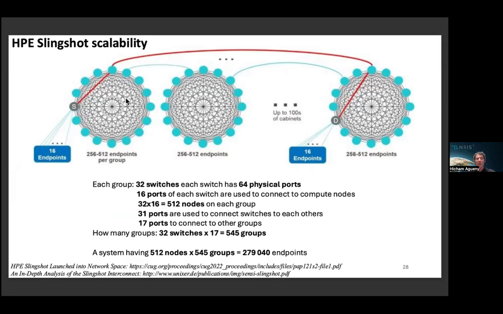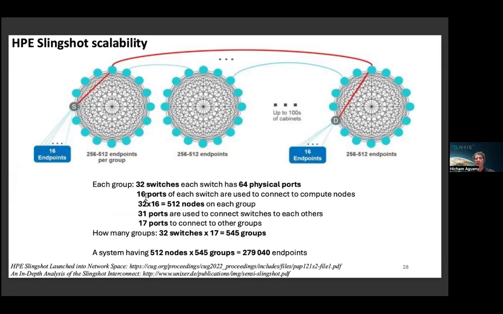As I mentioned, the dragonfly topology consists of groups. In this realistic case, or this big system, each group has 32 switches, and each switch has 64 physical ports. Here, not all the physical ports are used to connect to compute nodes.